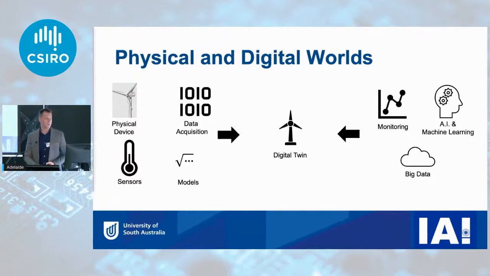It also includes engineering models that model perhaps the processes or first principles that underlie the physical processes in our plants. On the other hand, we have the digital world, where we have software that takes the data and presents it for monitoring purposes. We have big data pipelines that help us store and process the data, and we have AI and machine learning that tries to aggregate the data and make sense of it. As such, a digital twin is a bridge between the physical and the digital world.